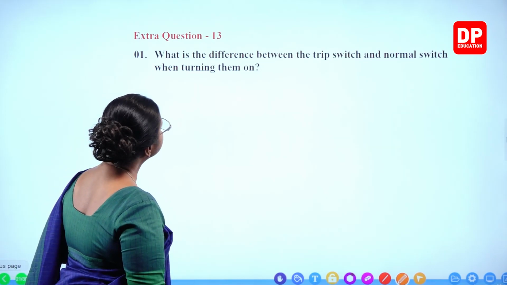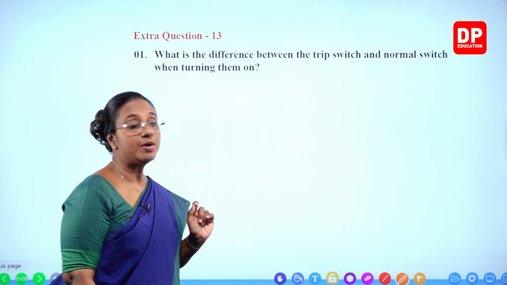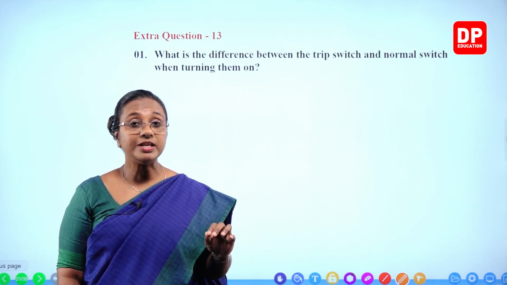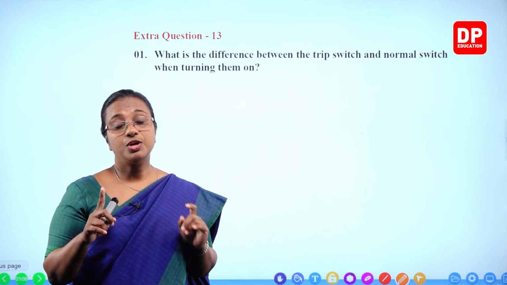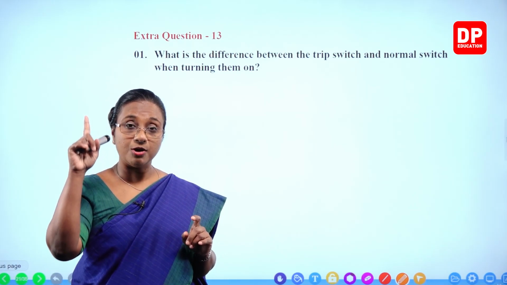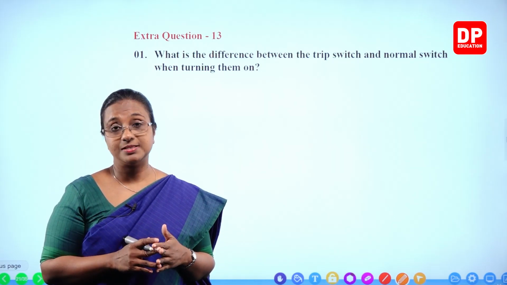What is the difference between the trip switch and normal switch when turning them on? So for a normal switch, you press the lever down. You all know that when you press the lever down, that is the on position.